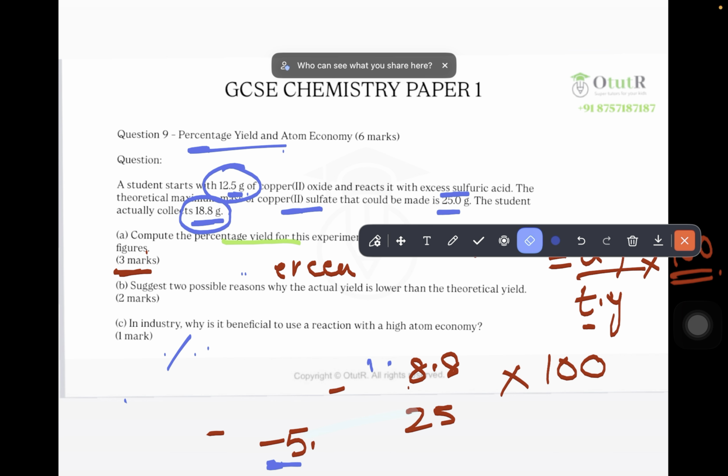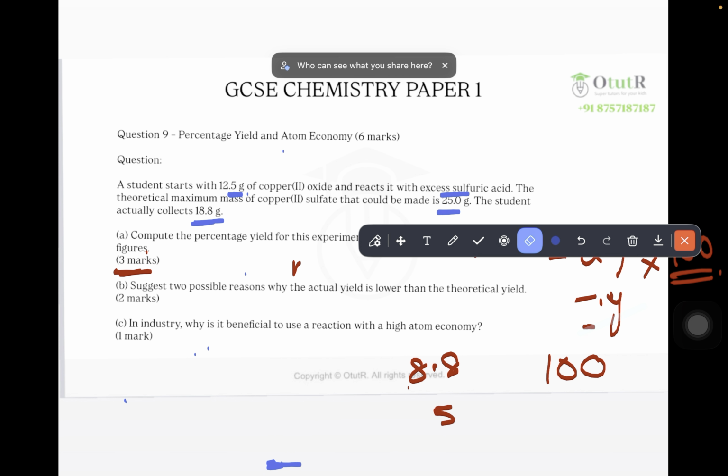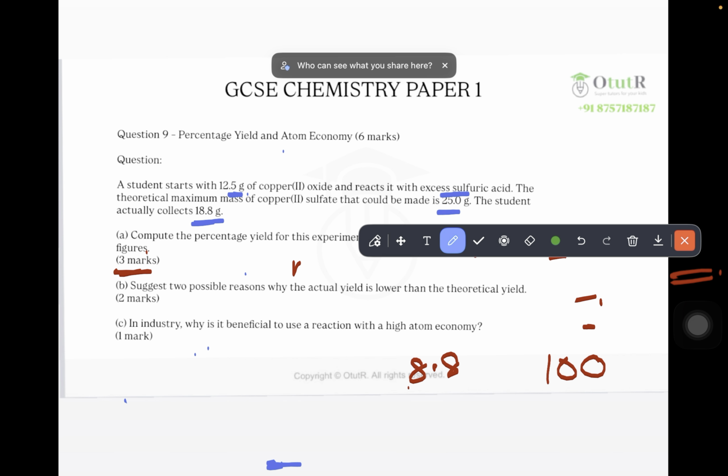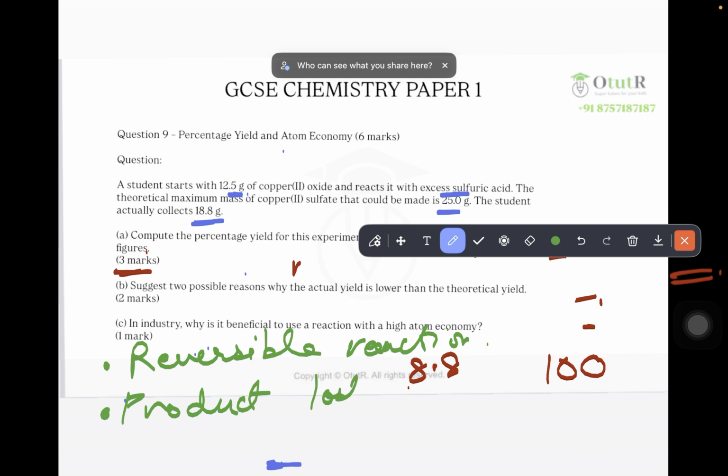Suggest two possible reasons why the actual yield is lower than the theoretical yield. So, any two reasons you can write, I'll give you many. First is reversible reaction. The reaction did not go to completion, that is why. Next can be product lost during filtration, transfer, crystallization, any one of the process.